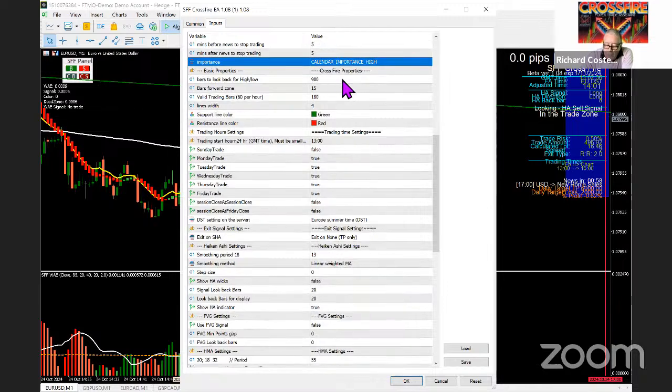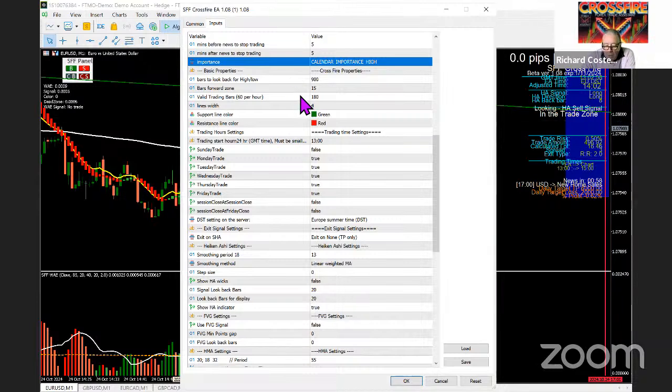These are Crossfire properties. In the afternoon session, you need to set your look back for the nearest high or low to 900. That's going back to the start of today's session. 900 minutes takes you back to 10 p.m. UK time, and that's the start of the Asian session for the day.